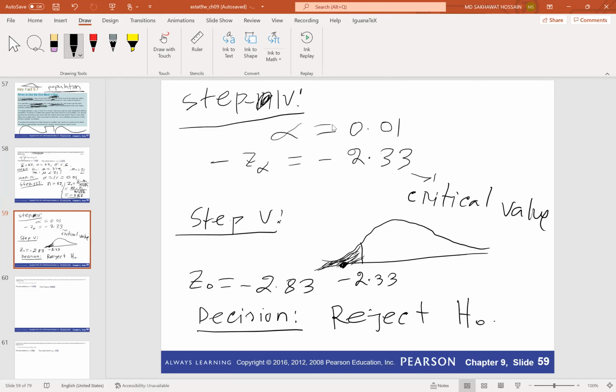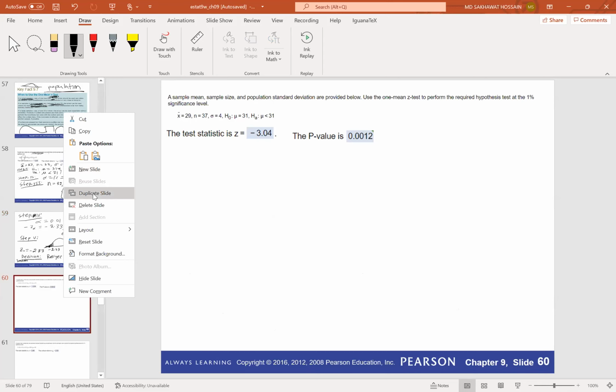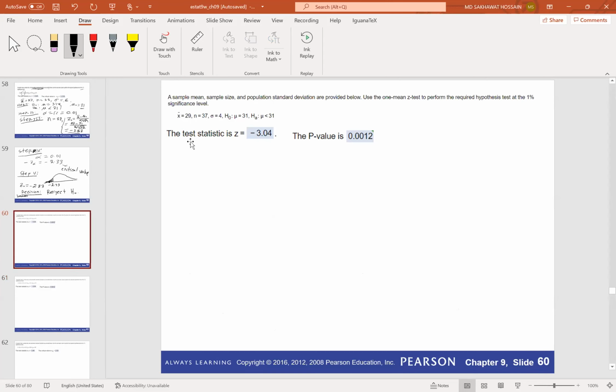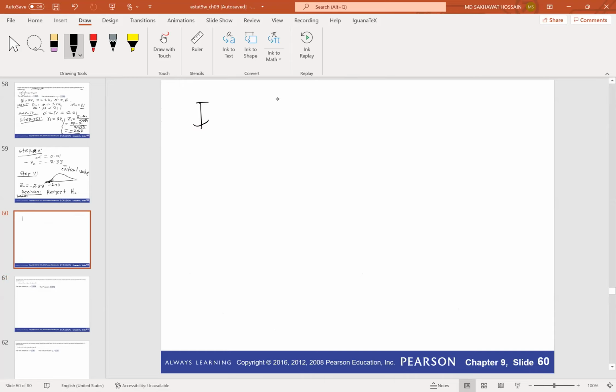So since we reject the null hypothesis, we have to interpret the results based on our decision. Okay, so let me write it on the next page. So how do we interpret this?